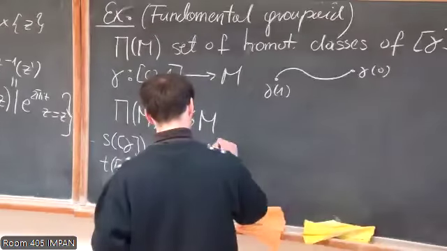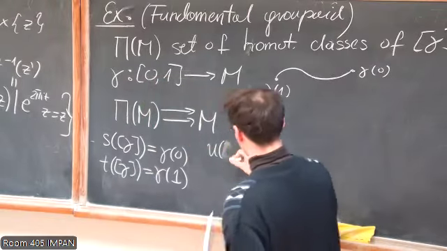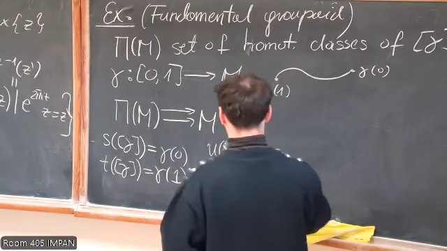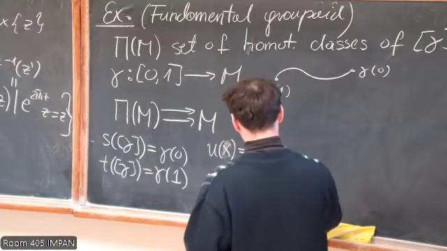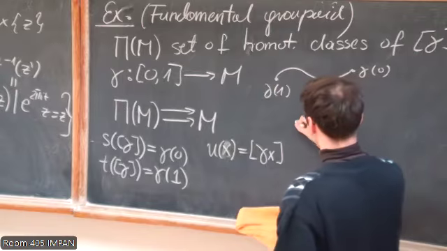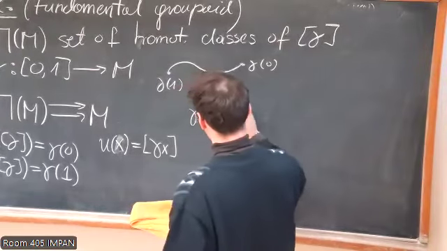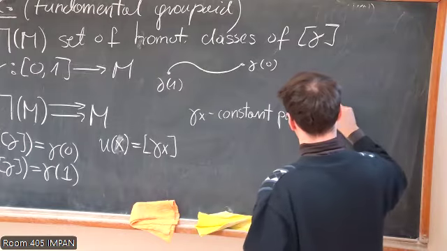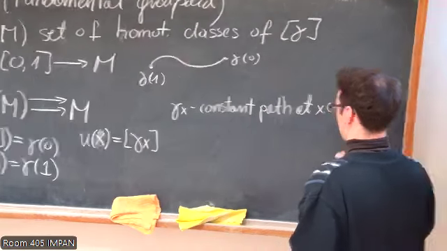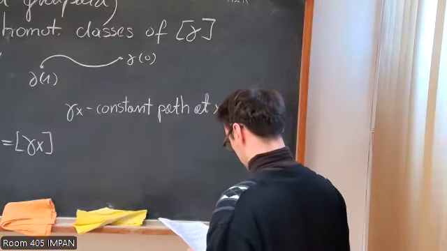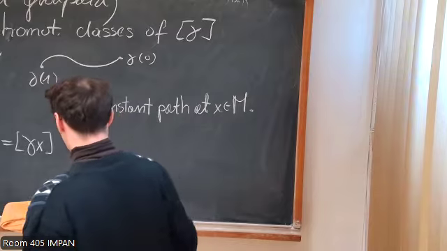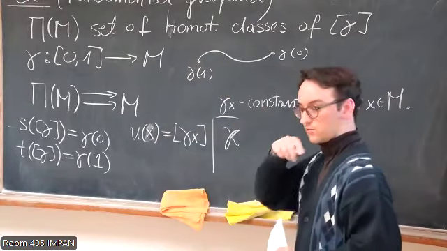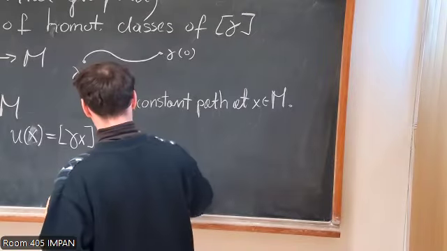The unit at x gives the gamma x, where gamma x is constant. The composition is just a natural concatenation of paths.